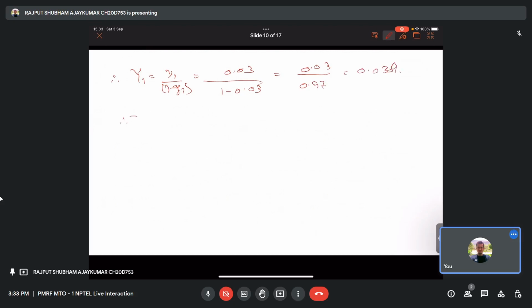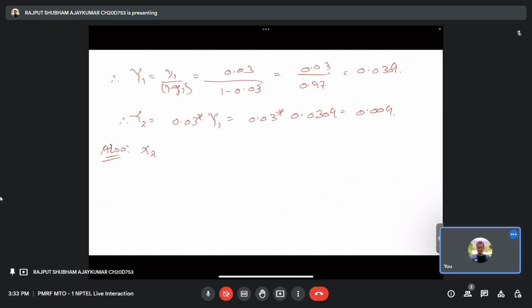Similarly, capital Y2 equals 0.03 into capital Y1, that is 0.03 into 0.0309, which comes out to be 0.009. Also, we have given that the solvent is free from the solute, so X2 is 0. The solvent does not contain any solute.